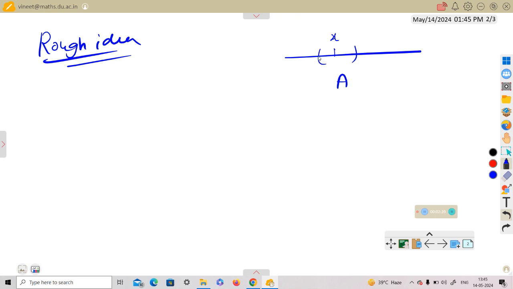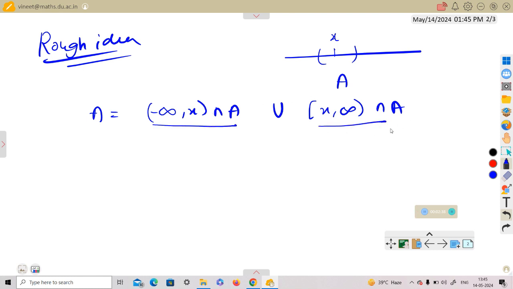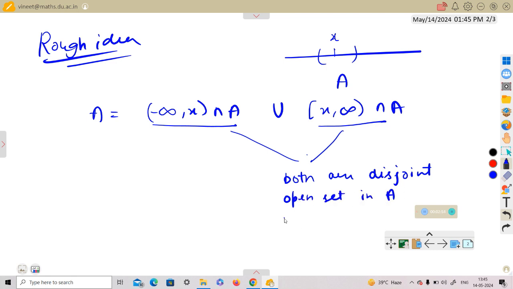So we can write A as (minus infinity to x) intersection A, union (x to infinity) intersection A. Note that this is an open set in A in the subspace topology, and this is a disjoint open set in A with subspace topology.